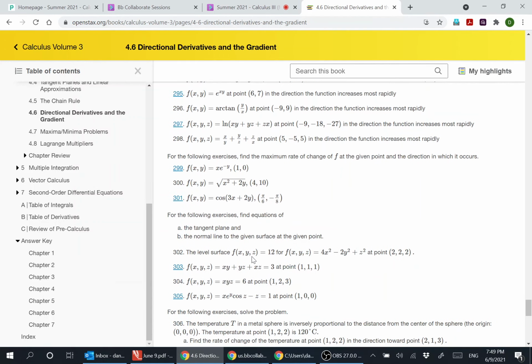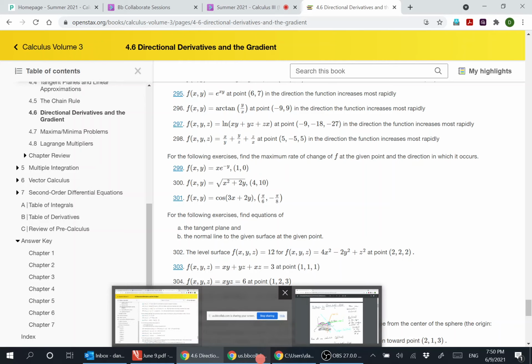So for the following exercise, again, the same thing. For the following exercises, find the maximum rate of change of f at the given point and the direction in which it occurs. So give me the direction. The direction is essentially the direction of the gradient. So f of x, y is the square root of x squared plus 2y.